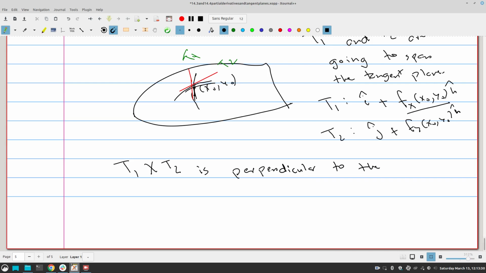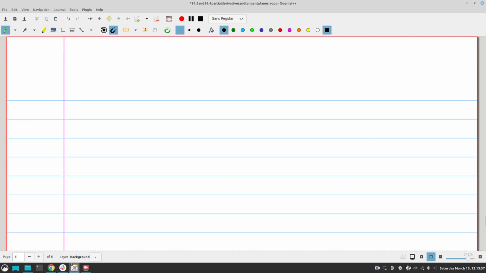So let's find T1 cross T2. Let's set up our cross product determinant: i, j, k; 1, 0, fx; 0, 1, fy.